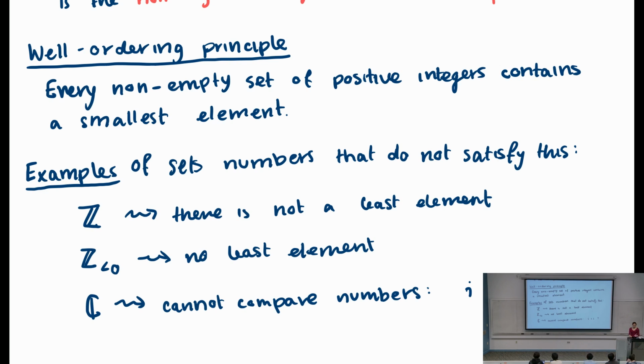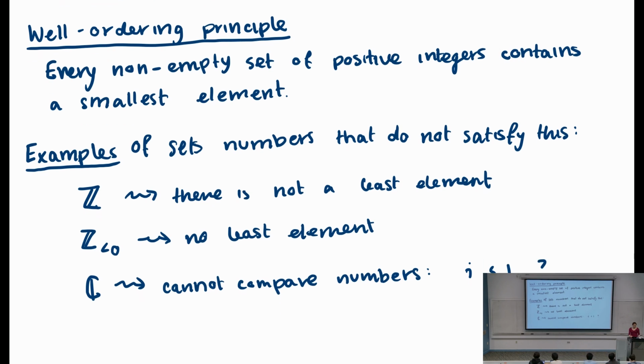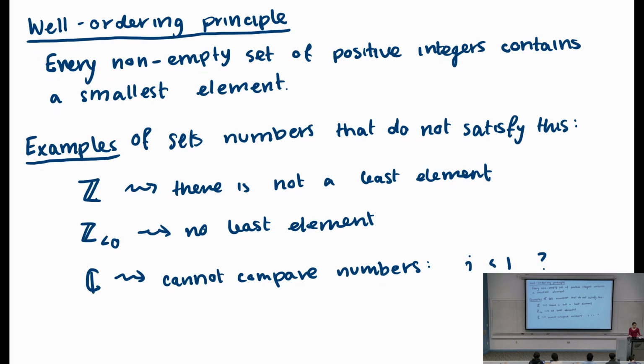I don't know what this means. And another example you could think of is the real numbers, and maybe even just the non-negative real numbers. In here you can find open intervals, which is a subset of the real numbers that doesn't have a least element. So this is another example.